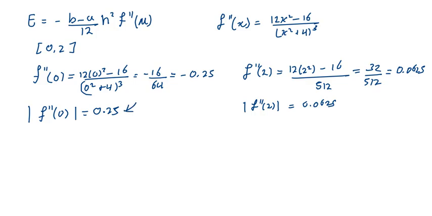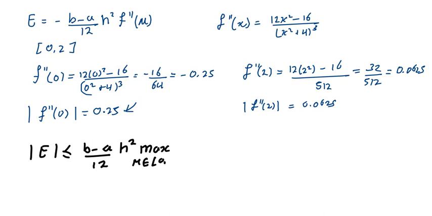So why am I looking for the bigger one? It's because the error that we are looking for can be in the form: the absolute value of the error e is supposed to be less than or equal to b minus a divided by 12, then h to the power 2, multiplied by the maximum value, in this case, since I'm using mu, for mu within the interval 0 comma 2.